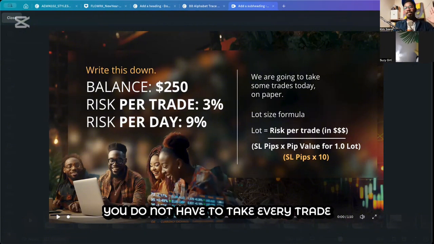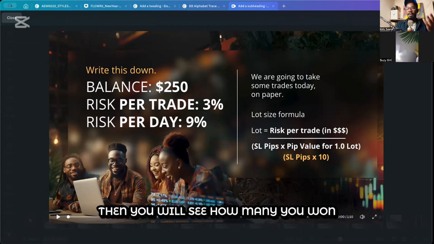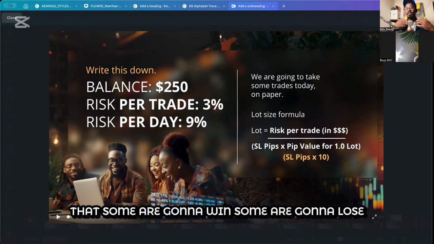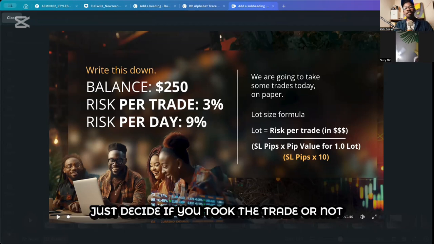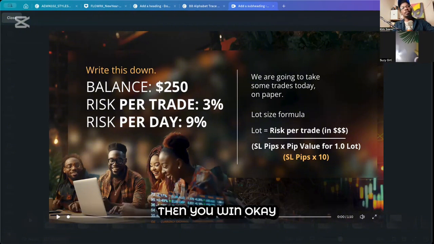You do not have to take every trade, right? If you take all, then you will see how many you won, how many you lost. I have it set up that these are randomly selected, that some are going to win, some are going to lose. You're not going to know. But for the sake of this call, just decide if you took the trade or not. If you took the trade and it lost, then you're going to lose. If you took the trade and it won, then you win. Okay?